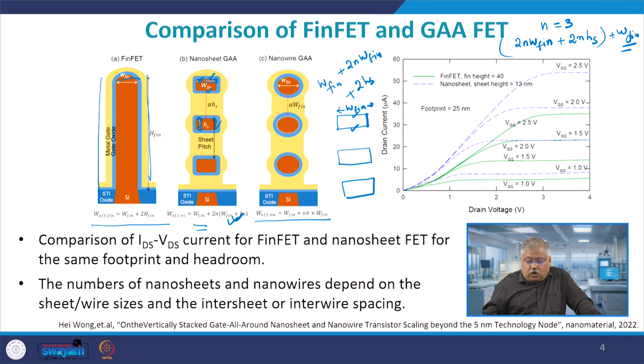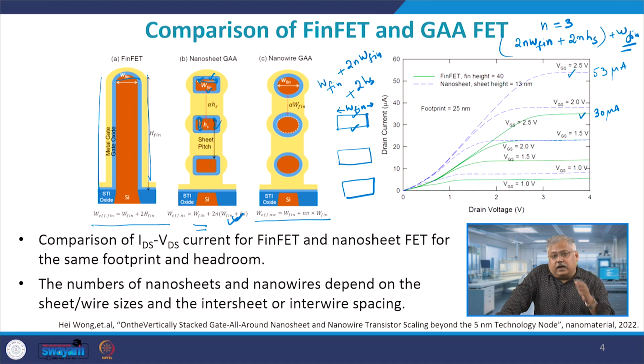Obviously, as you can see, nanosheet FETs have, for the same gate voltage, a larger current. This is around 52, 53, 50 microamp, whereas for FinFET it is around 30 microamp. So there is automatically a 20 to 25 microamp increase in the saturation current in GAA FETs as compared to a FinFET.